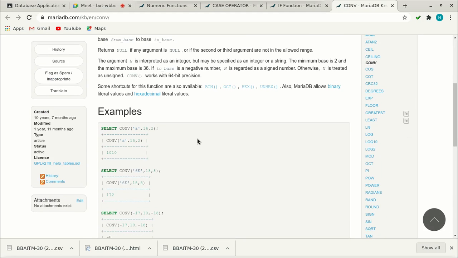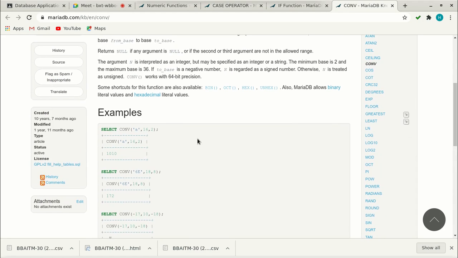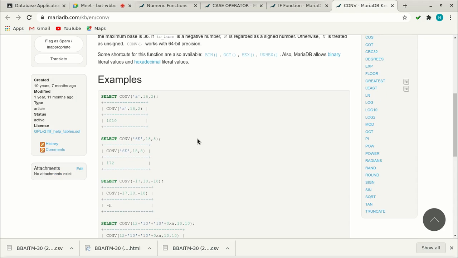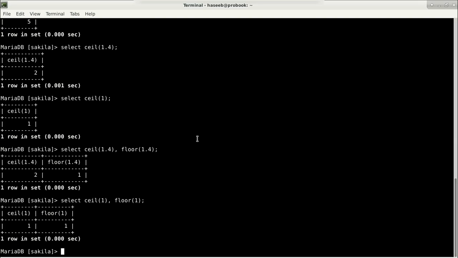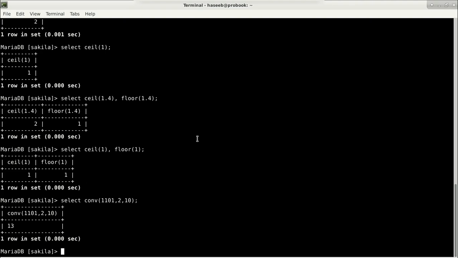So let's say I write select convert, the number is 1101 and I say this is a binary number, so from base is 2, and I want to convert it into a decimal number, which is base 10. So this is 13. If you check this out, 1, 2, 4, 8: 8 plus 4 is 12, 12 plus 1 is 13, so the answer is right.